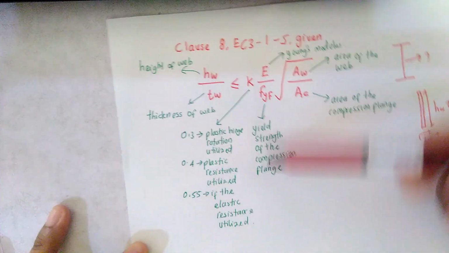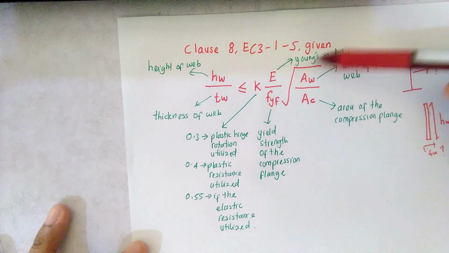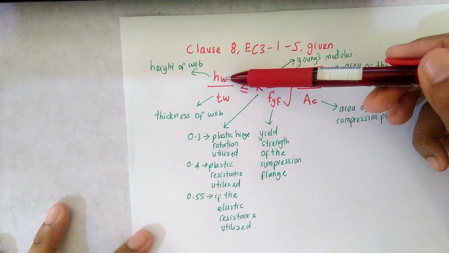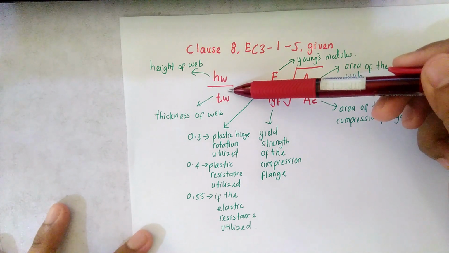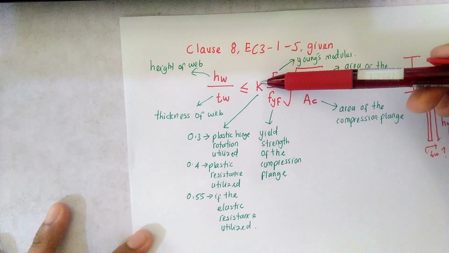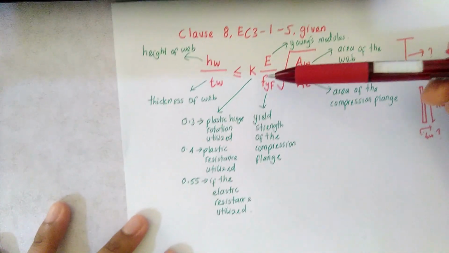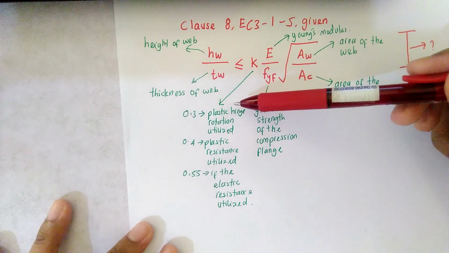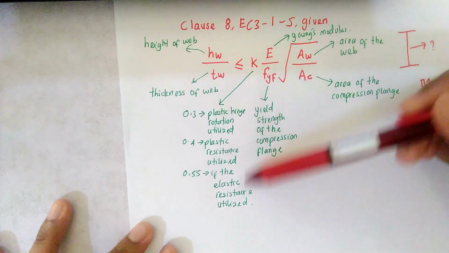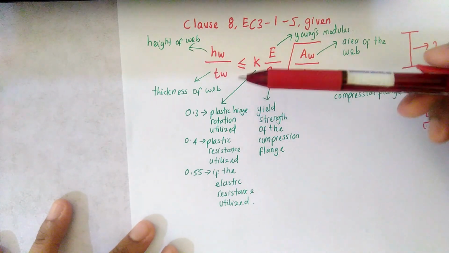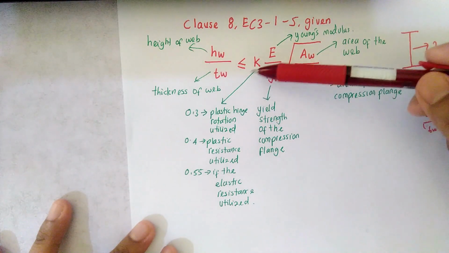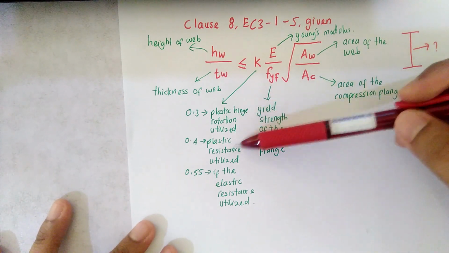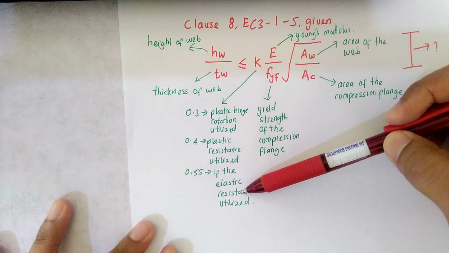So now let's go one by one through the parameters. The first is the height of the web, and this is the thickness of the web. K is based on the section classification of your structure: if you propose class 1, class 2, or class 3, then K equals 0.3, 0.4, or 0.55.